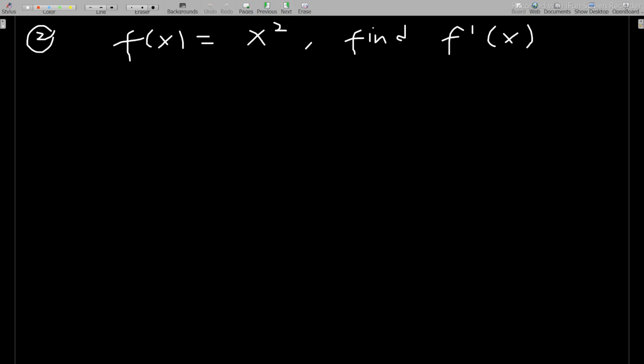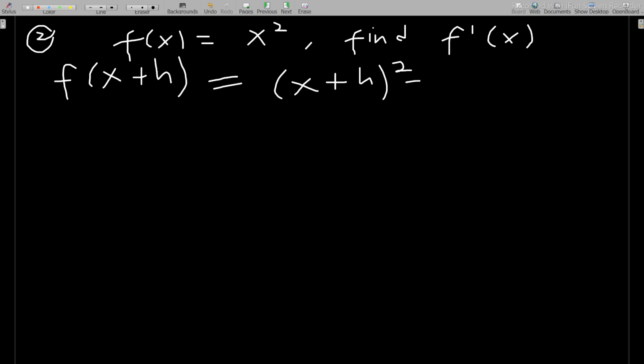Find f prime of x. With this, we need f of x plus h and f of x. f of x is given in the question, so all that we need is f of x plus h, which is equal to x plus h all squared, and that will give me x squared plus 2xh plus h squared.